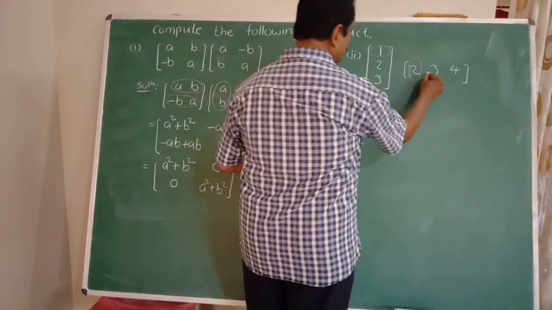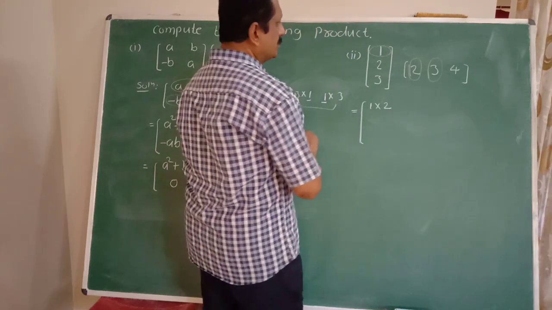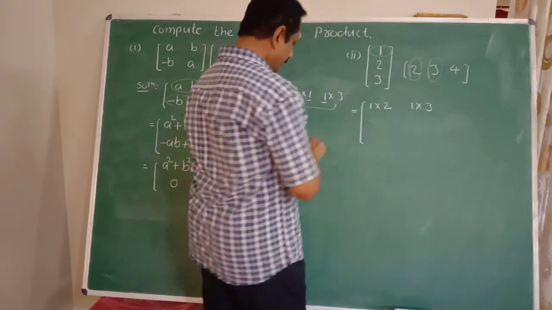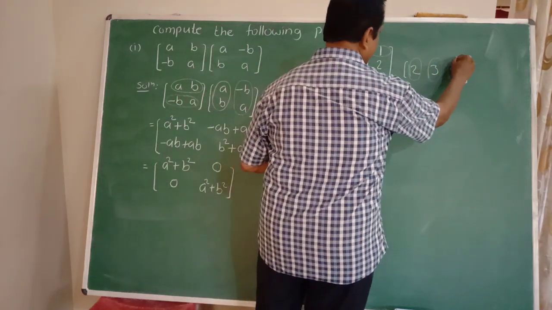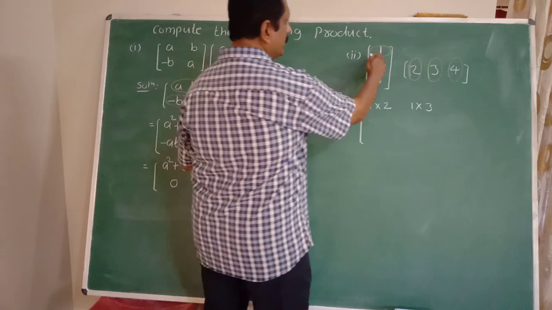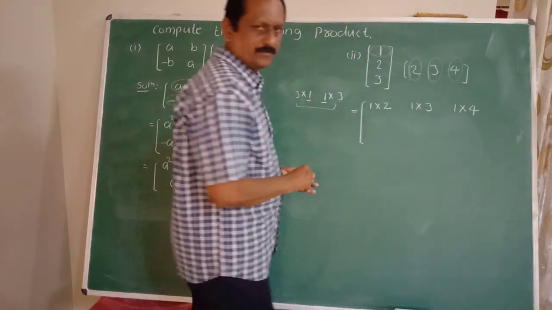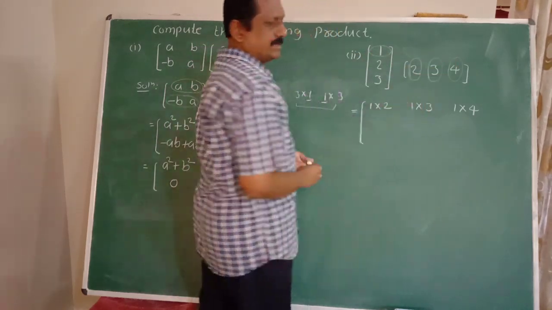Multiply the first row with the second column: 1 into 3. Multiply the first row with the third column: 1 into 4. Multiplying the first row with these 3 columns, we get this result.